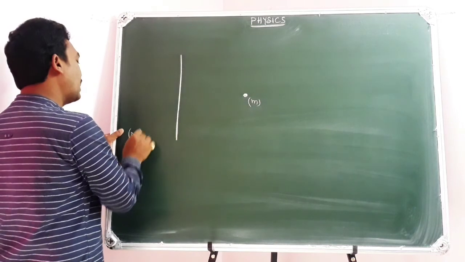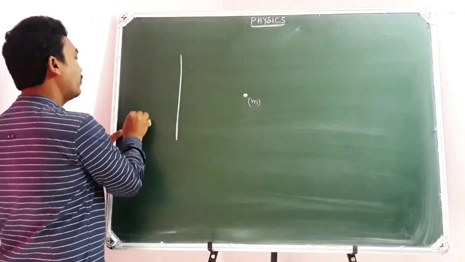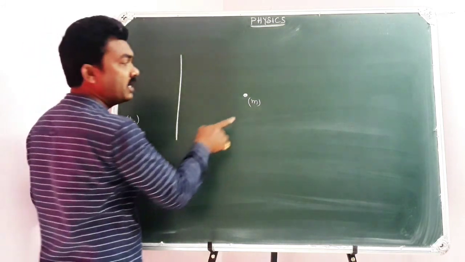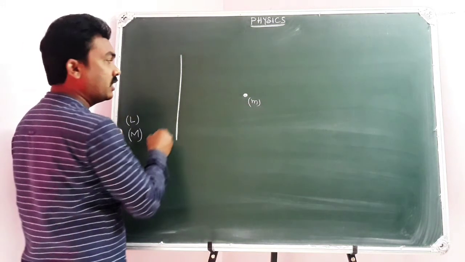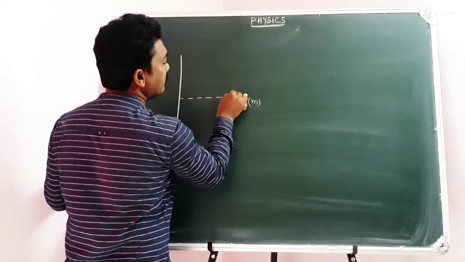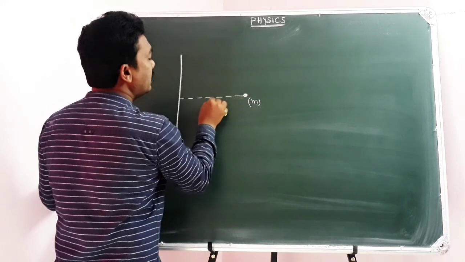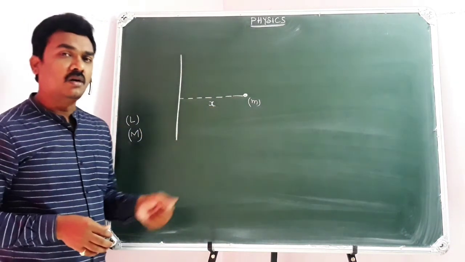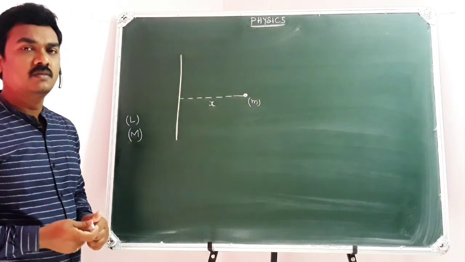The length of the rod is L, M is the mass of the rod, and here there is a point mass. The distance of the point mass from the rod is x. Distance of the point mass from the rod automatically means perpendicular distance.